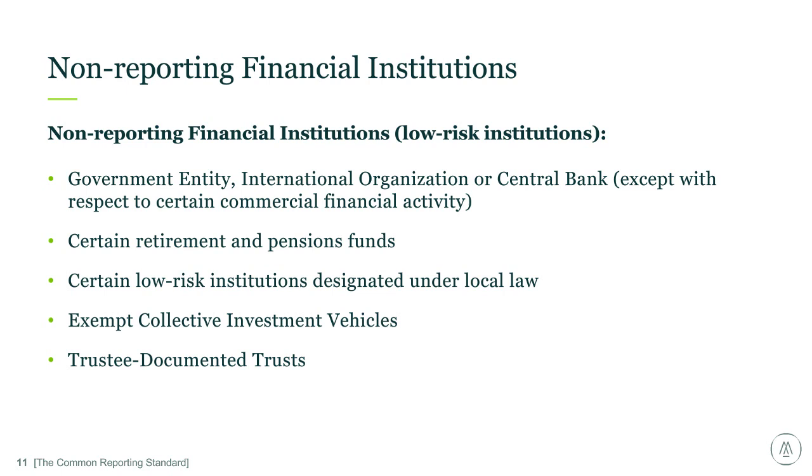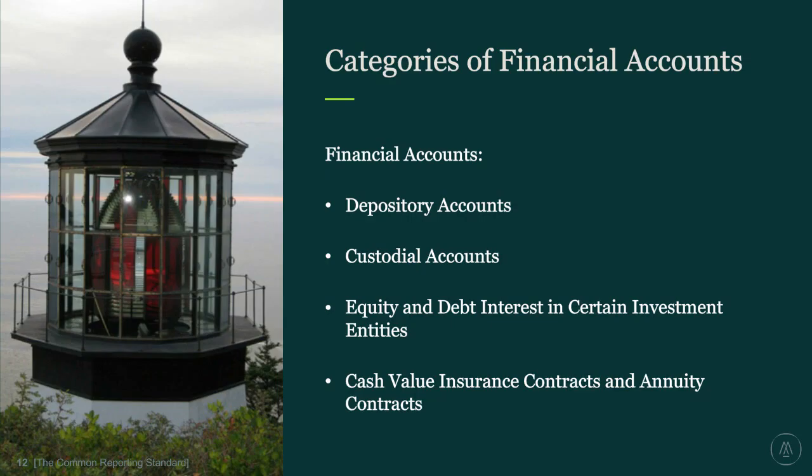So you've determined that you are in a jurisdiction and you are a financial institution, so you have to comply with the due diligence. Now you actually have to look at, do I have financial accounts and reportable persons that I would actually have to report? Financial accounts are a lot of times going to just mirror the type of financial institution you are.